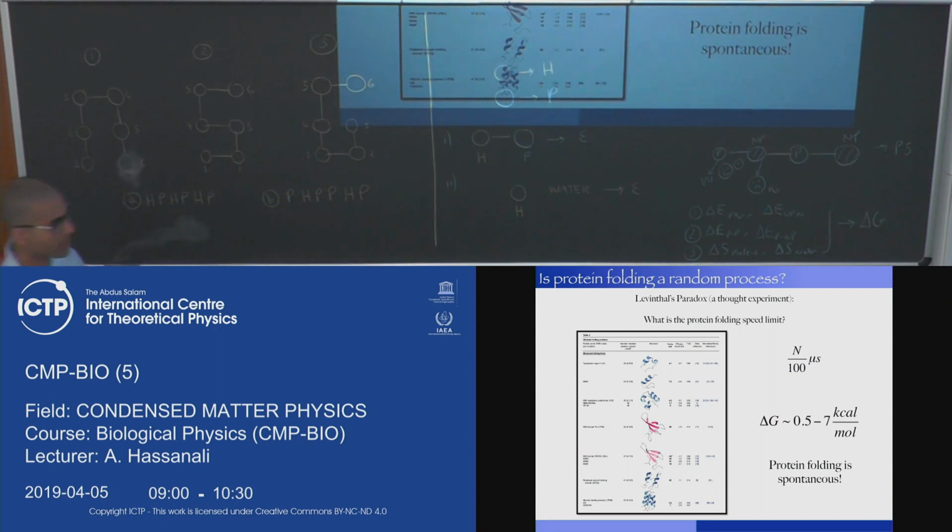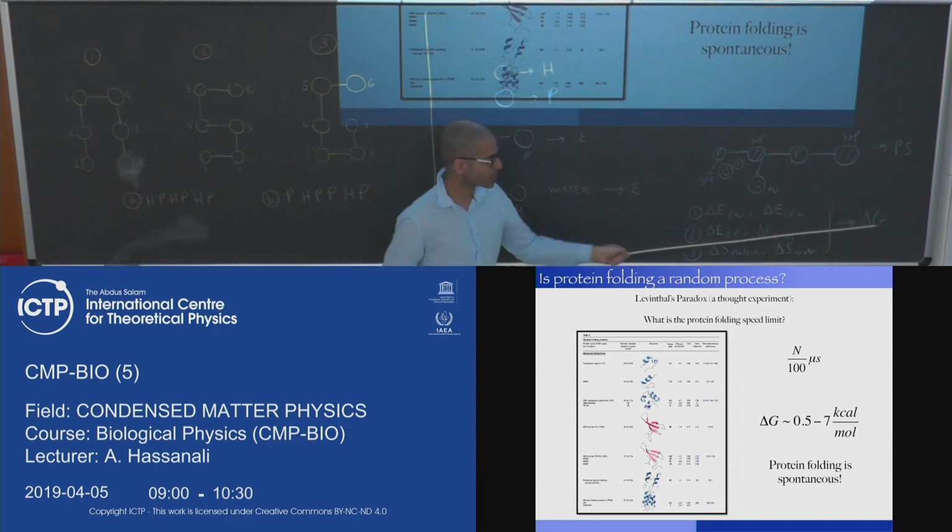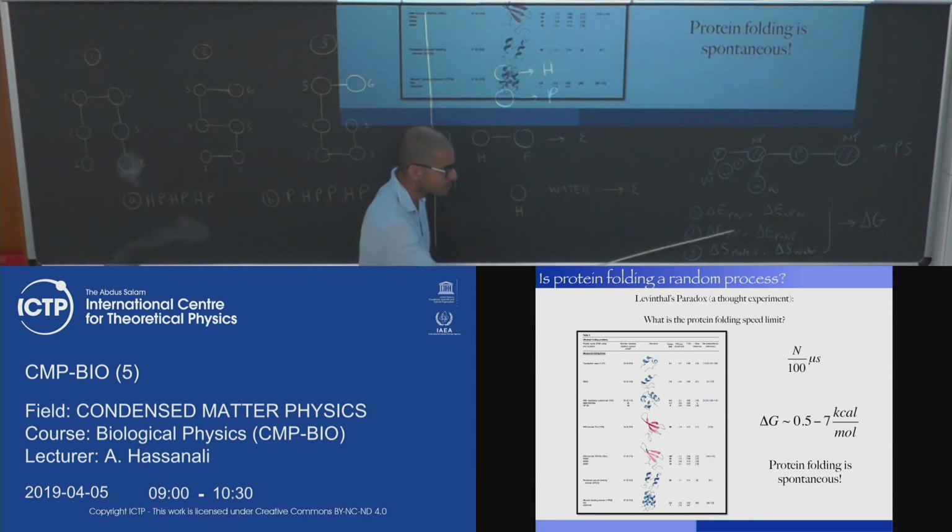So remember, this delta G is going to be some summation of all these enthalpic terms minus T delta S. The fact that this is a small number is telling you something.